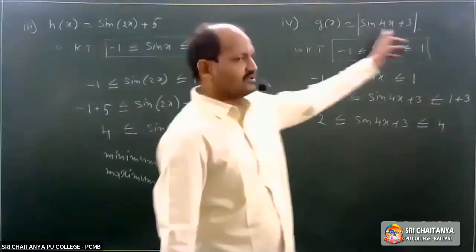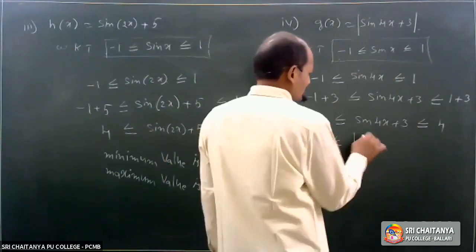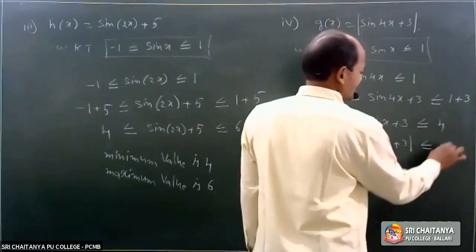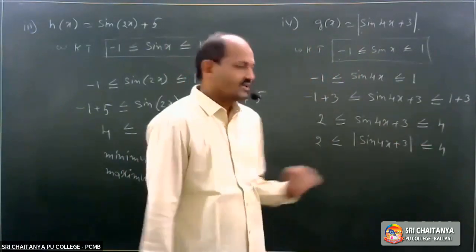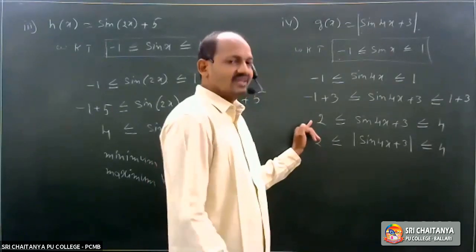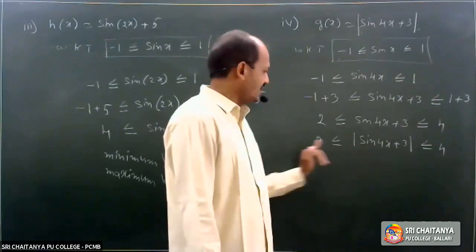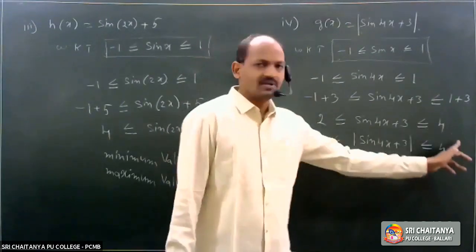Here, given mod also. So 2 is less than or equal to modulus of sine 4x plus 3, less than or equal to 4. In case this value is negative, if mod is applied, then it will be positive. So already it is plus 2, plus 4.